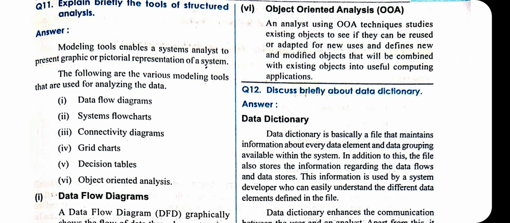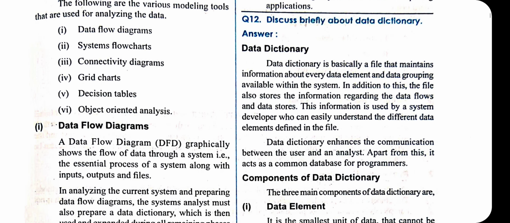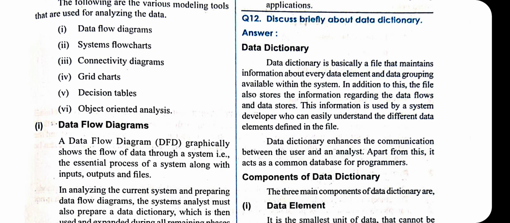These are the various modeling tools that are used for analyzing data: data flow diagrams, nothing but the DFD; system flow charts, nothing but the flow chart; and connectivity diagrams, which provide the connectivity between a number of diagrams; grid charts, which are different types of charts; decision tables; and object oriented analysis.